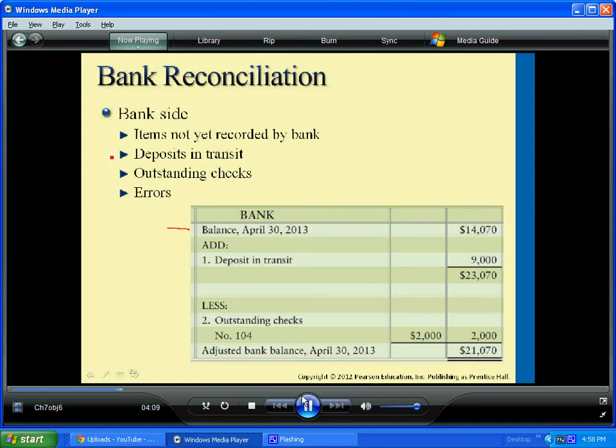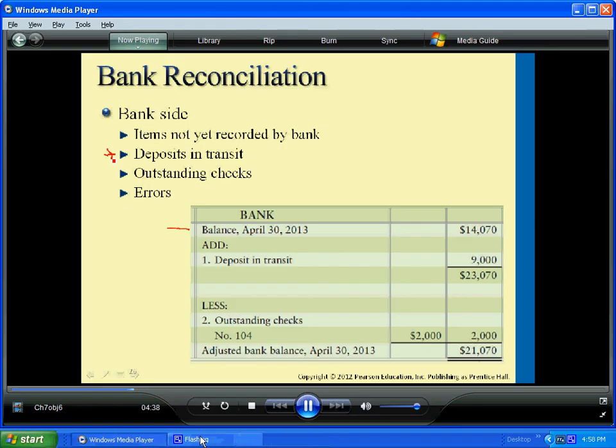The next item we add would be our deposits in transit. Deposits in transit are deposits we've made at the bank, but they haven't ended up on the bank statement yet. The example I gave earlier was transactions processed at the end of the month. If we make a deposit on April 30th and it doesn't show up on the April statement, it's going to show up in early May. So we would add a deposit in transit.